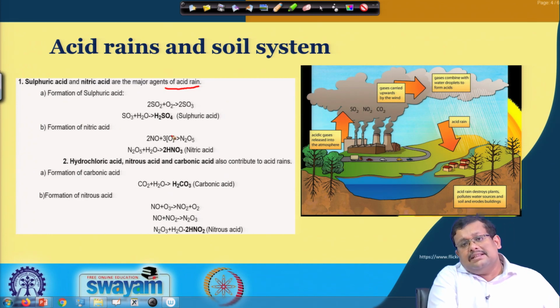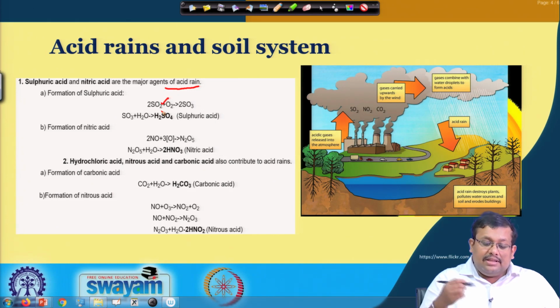So, let us consider the formation of sulfuric acid. Sulfur dioxide, which is produced by burning of fossil fuels, when exhausted reacts with oxygen to form sulfur trioxide. This sulfur trioxide, when it reacts with water vapor, produces H2SO4, or sulfuric acid.